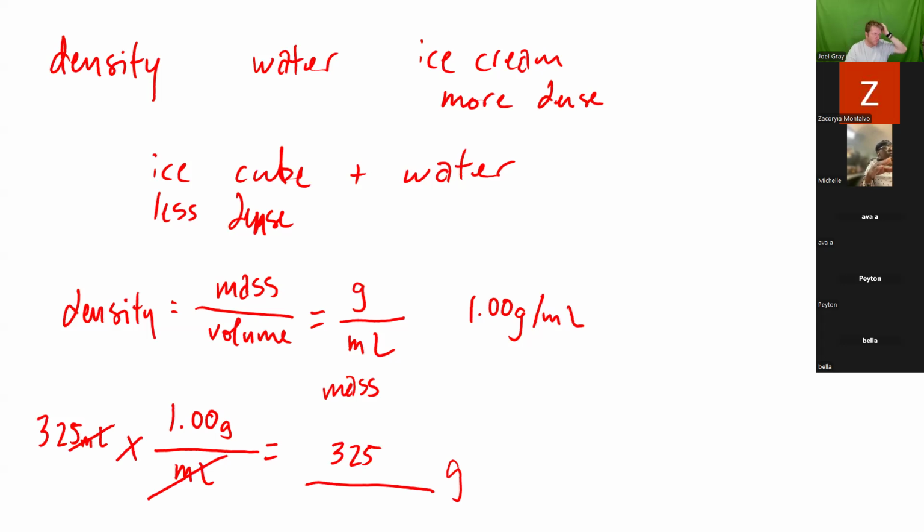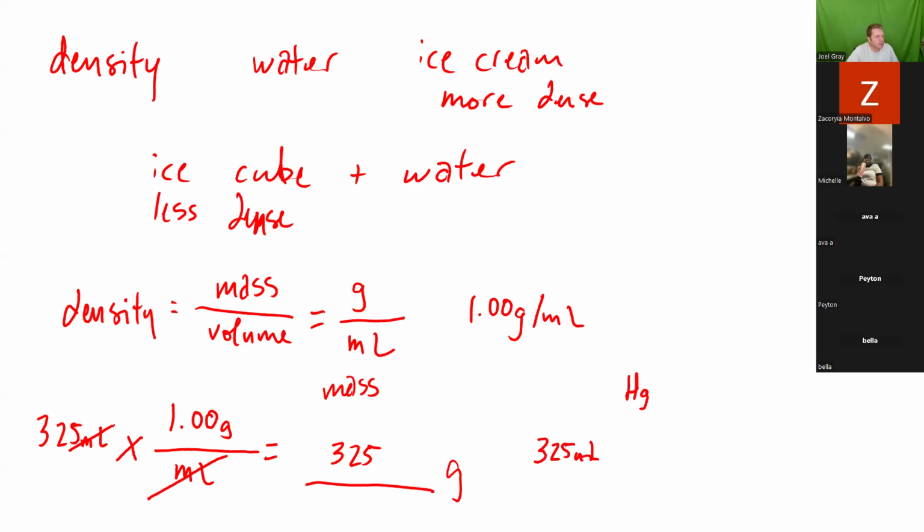Now, we can modify that a little bit to make the calculation a little bit trickier. Let's say that I had 325 milliliters of lead or mercury. Mercury is the substance that's found in some thermometers.